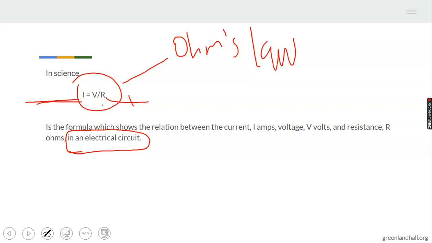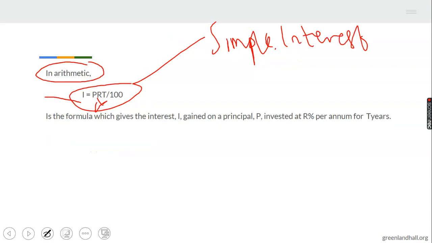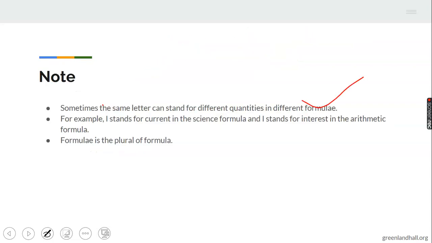That is why when you are writing out your formula, you must spell it out. You must state it out, because two or more letters can represent different quantities when it is not defined, when it is not explained. So that is what this point is saying, that sometimes the same letter can stand for different quantities in different formulae.